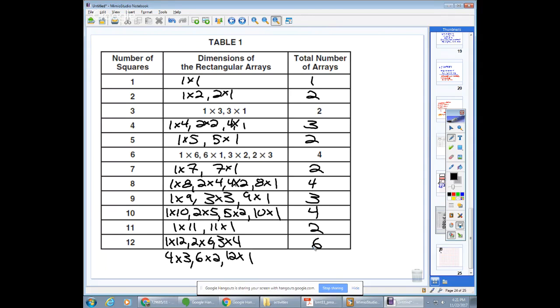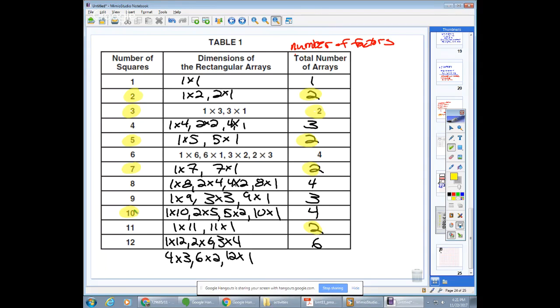So there's a couple of things that these finished results are going to tell us. One thing it tells me is the number of factors a number has. And it turns out numbers that have exactly 2 different factors are very special in math.